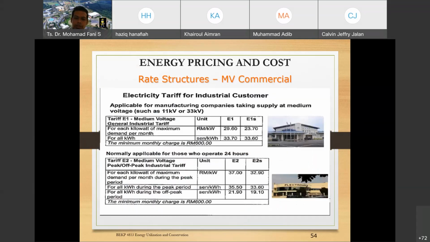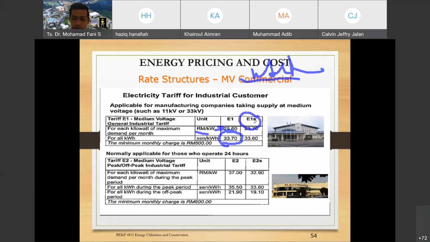Okay, we move to the next slide, which is the tariff for the industrial consumer, medium voltage. This one is not commercial, this one is industrial consumer. So E1 is a flat tariff, with a flat tariff and maximum demand charge of 29.6.